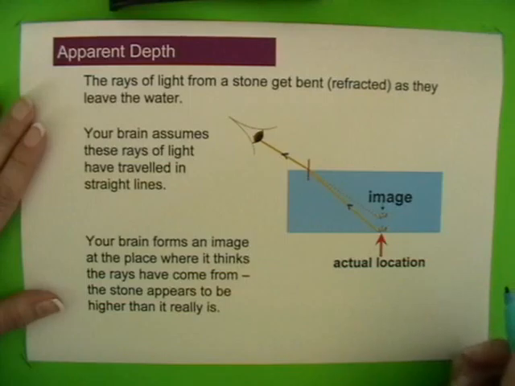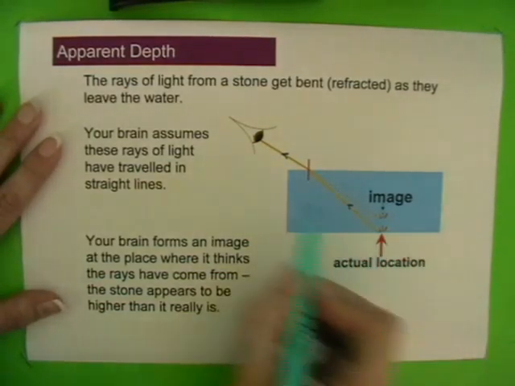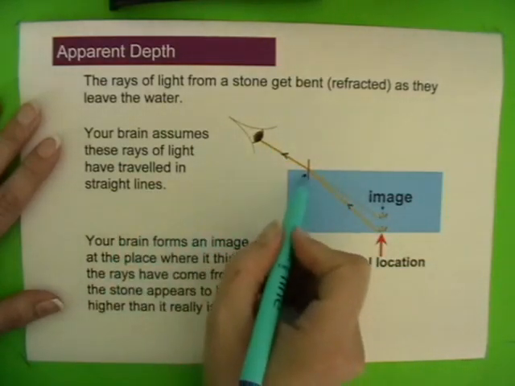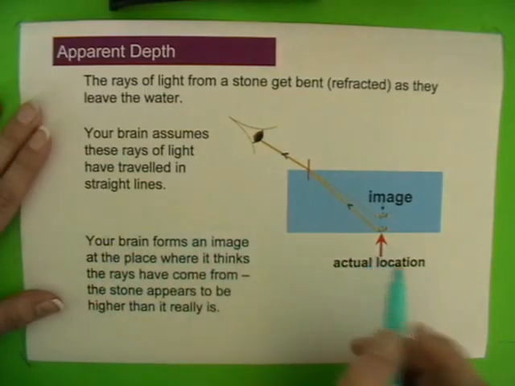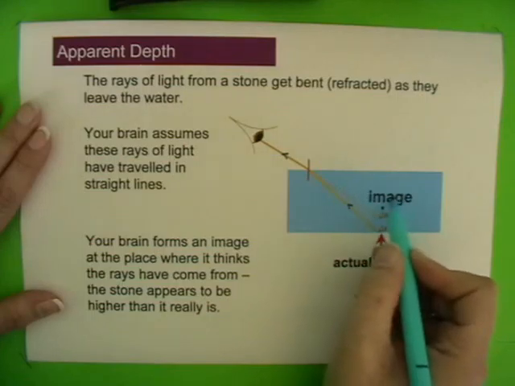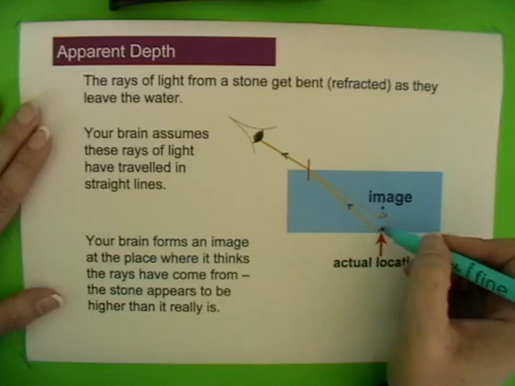But our brain assumes that these rays of light have travelled in straight lines. So it assumes that the ray of light has come up in a straight line. It doesn't take account of the fact of this boundary and the bending or refraction of the ray. So it forms an image of the stone at a place where it thinks the rays have come from, which is higher up.